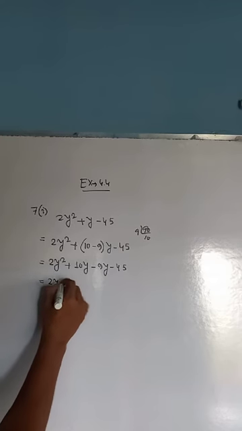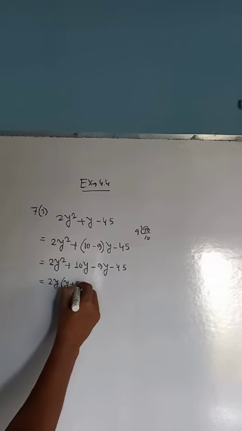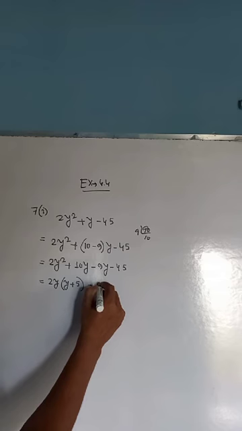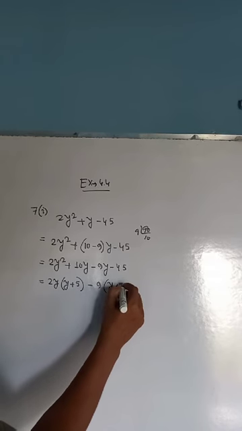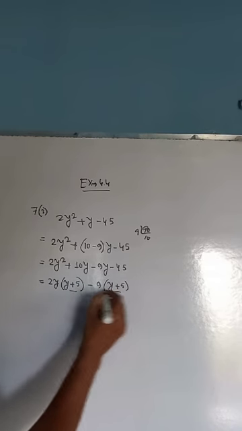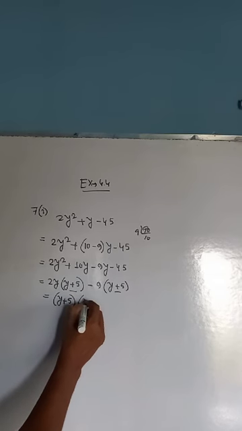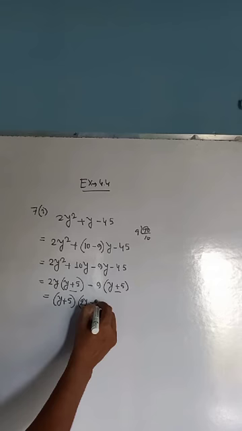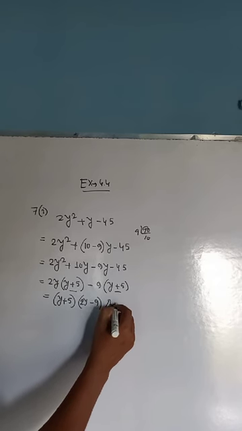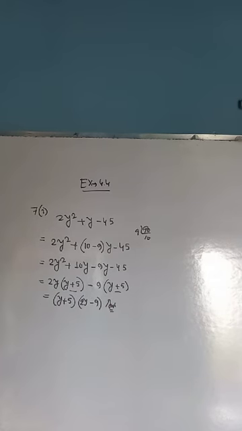Take 2y as the common, y plus 5. Take minus 9 as the common, y plus 5. So taking the common y plus 5, you make it y minus 9 in the next part.